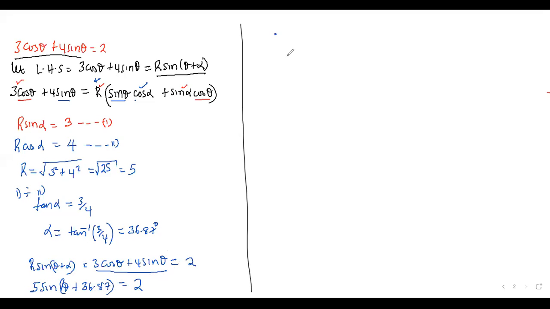So with that reason, sine of theta plus 36.87 is going to be equal to 2 out of 5. With this, you'll get theta plus 36.87 is equal to sine arc of 2 out of 5.